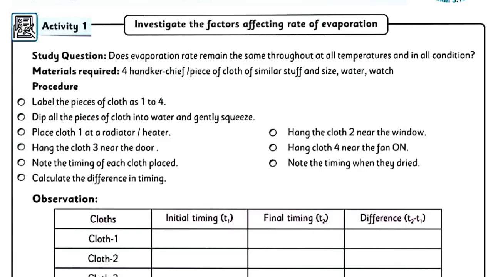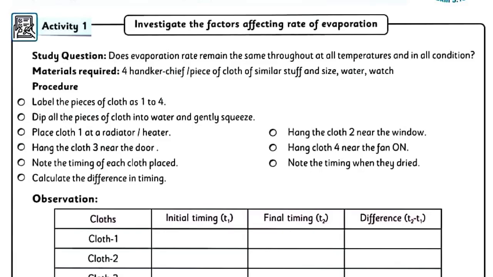Activity 1. Investigate the factors affecting the rate of evaporation. Study question: does the evaporation rate remain the same at all temperatures and in all conditions? Materials required: 4 handkerchief pieces of cloth of similar stuff and size, water, watch.